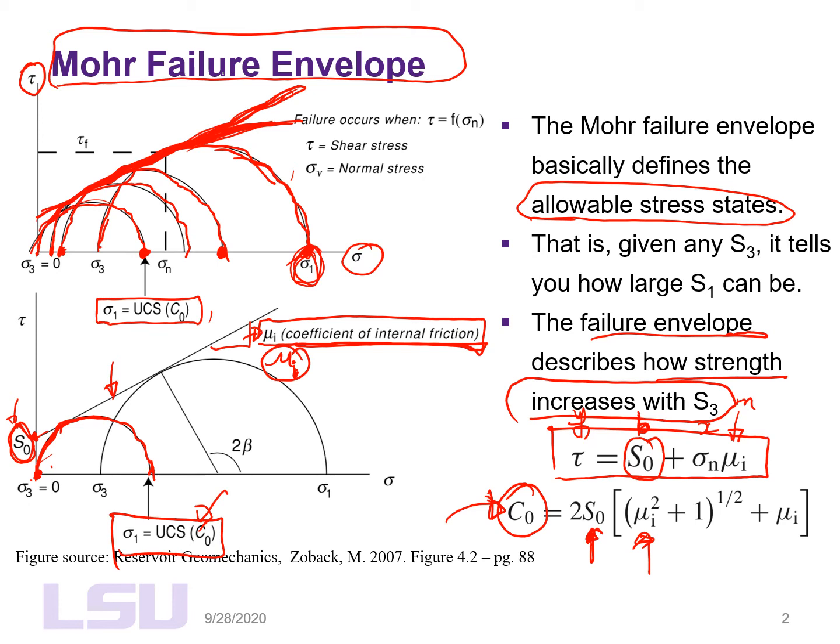I should also mention this other point, which is at any S3 value, because you have this line, you can draw a circle, and that upper point of where the circle meets the horizontal line is the maximum stress the rock can handle. So given any S3, the Mohr circle tells you how large S1 can be. Very important to make that point.